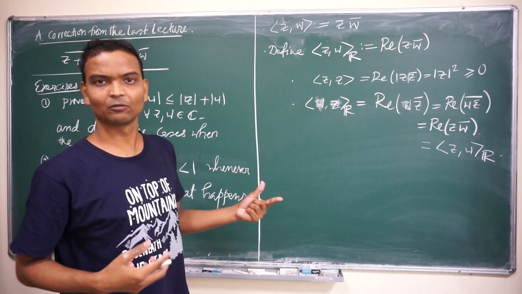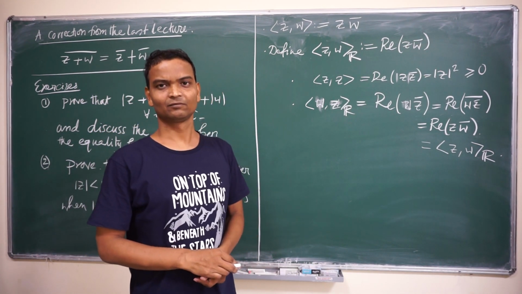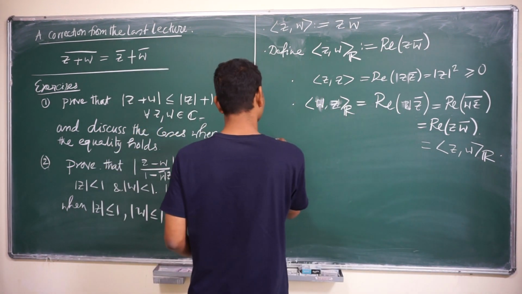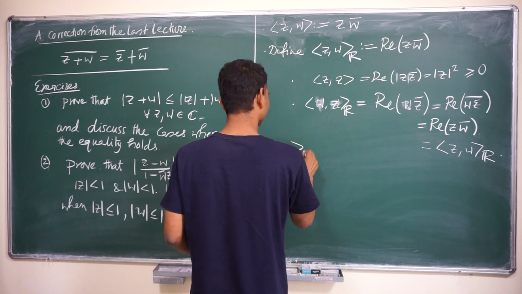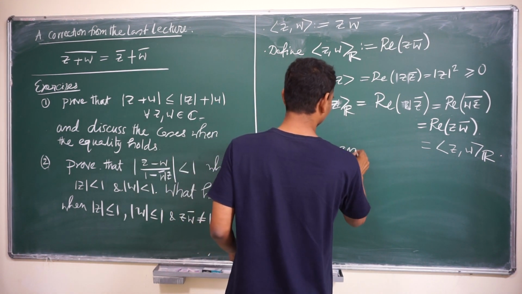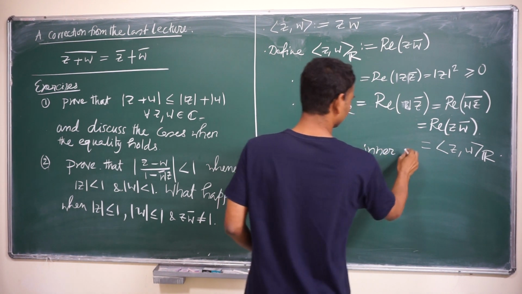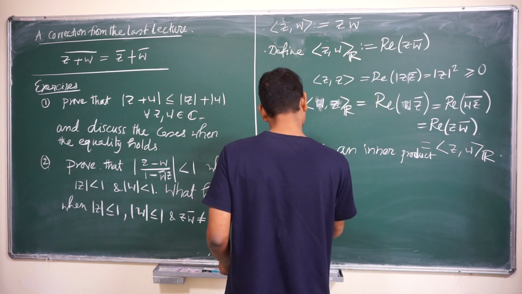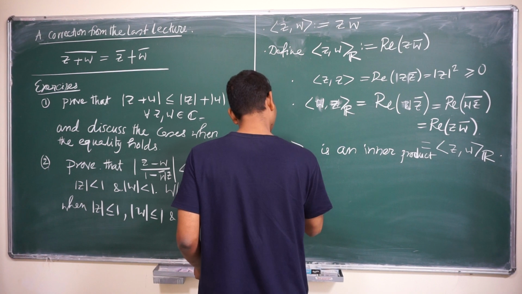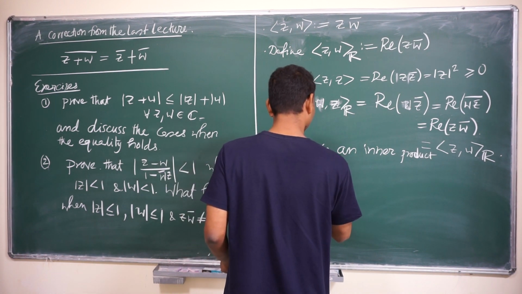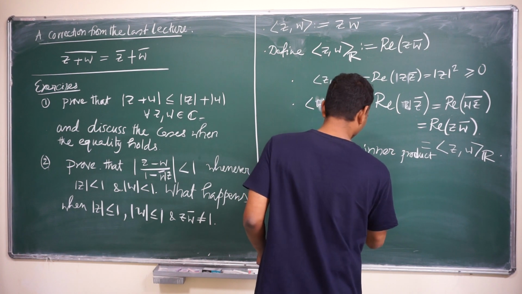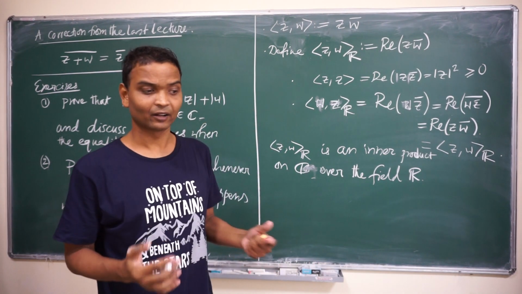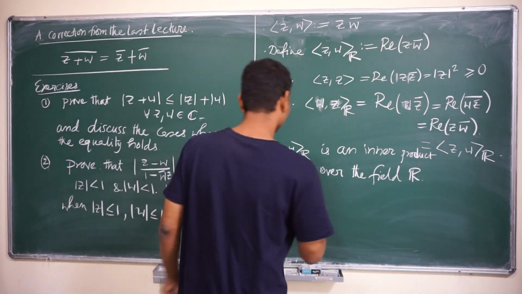Right, so since it is over the real field, it's symmetric. It's not conjugate symmetric anymore. Alright, so this is an inner product on C over the field R.